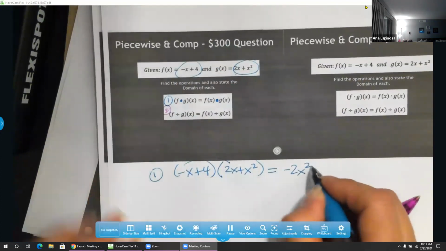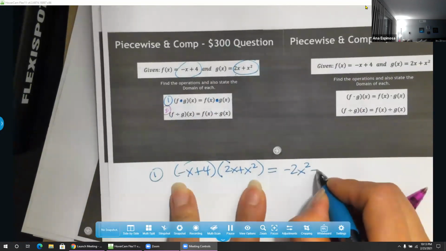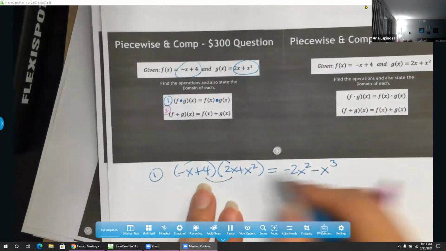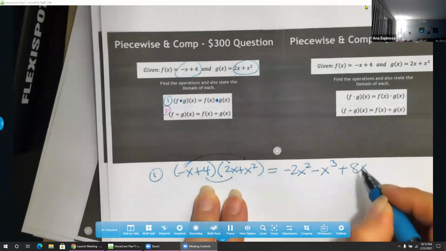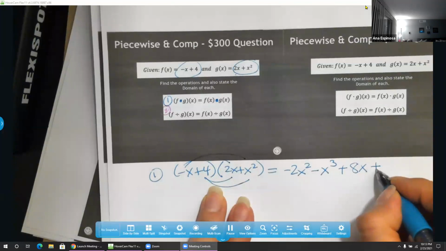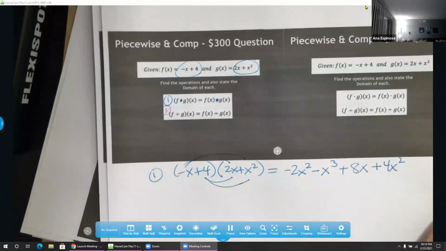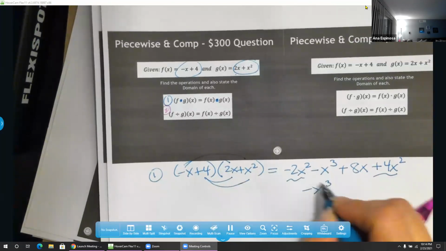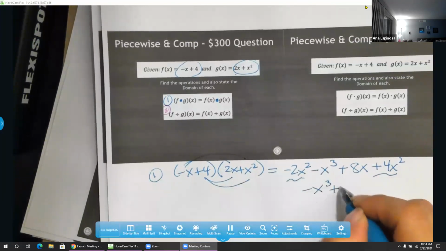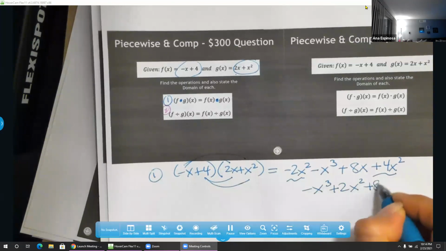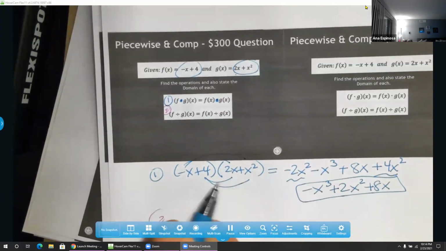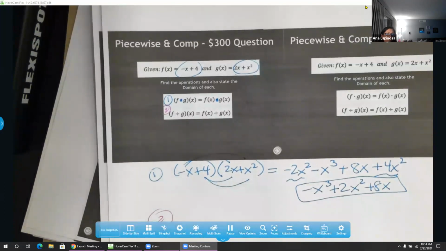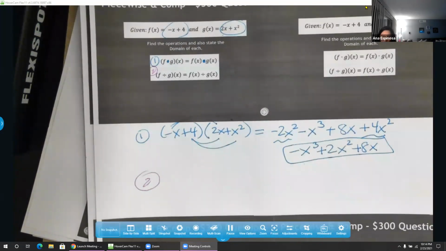Negative 2x squared minus x cubed plus 8x plus 4x squared. And you can just put these two together and you're done. Put them in descending order. And that's pretty much it. Just follow the order, multiply, distribute, add like terms.